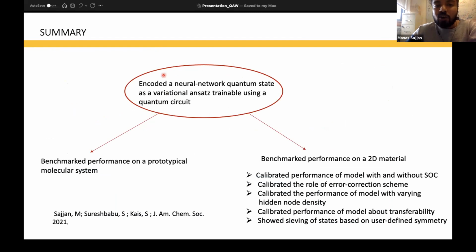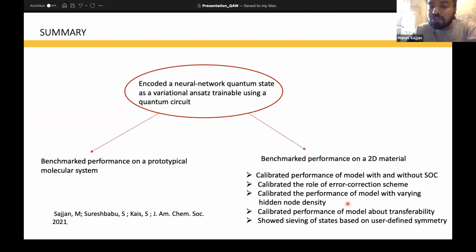So here we have encoded a neural network quantum state as a variational ansatz, and we have trained it using a quantum circuit. We have calibrated results for materials using TMDCs, both with and without spin orbit coupling. We have also studied the effect of symmetry partitioning on such systems, and examples on molecular systems as well.